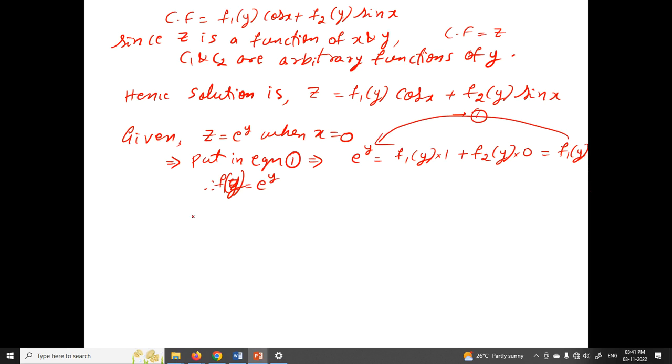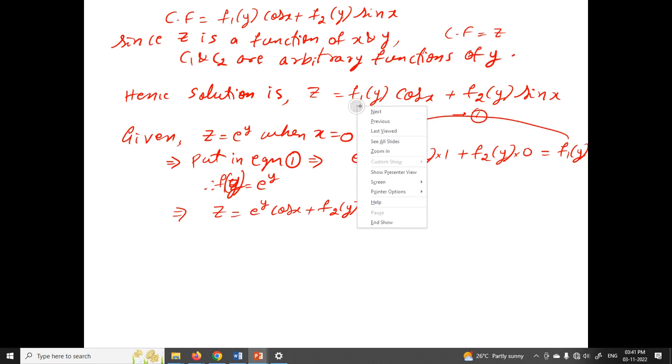So that implies z is equal to e raised to y cos x plus f2(y) sin x. Please remember here, students, I have eliminated this and simplified this e raised to y. Similarly, I have to eliminate now f2. Already I have told you arbitrary constants must be eliminated.